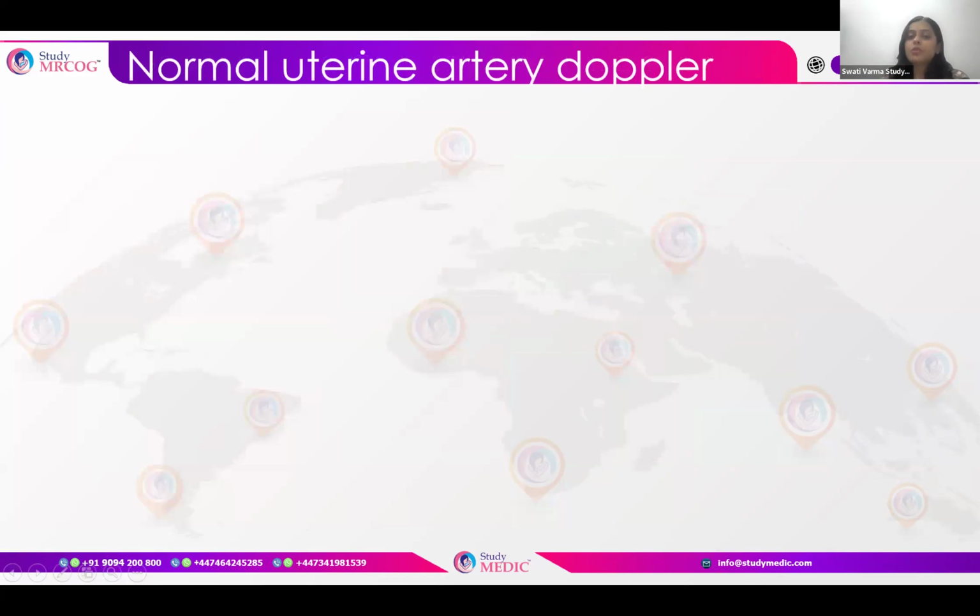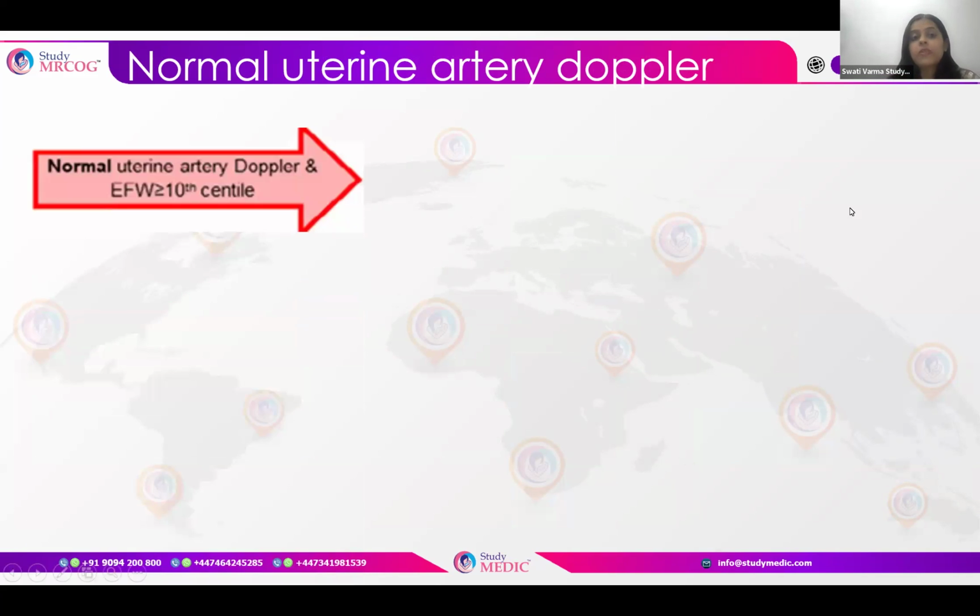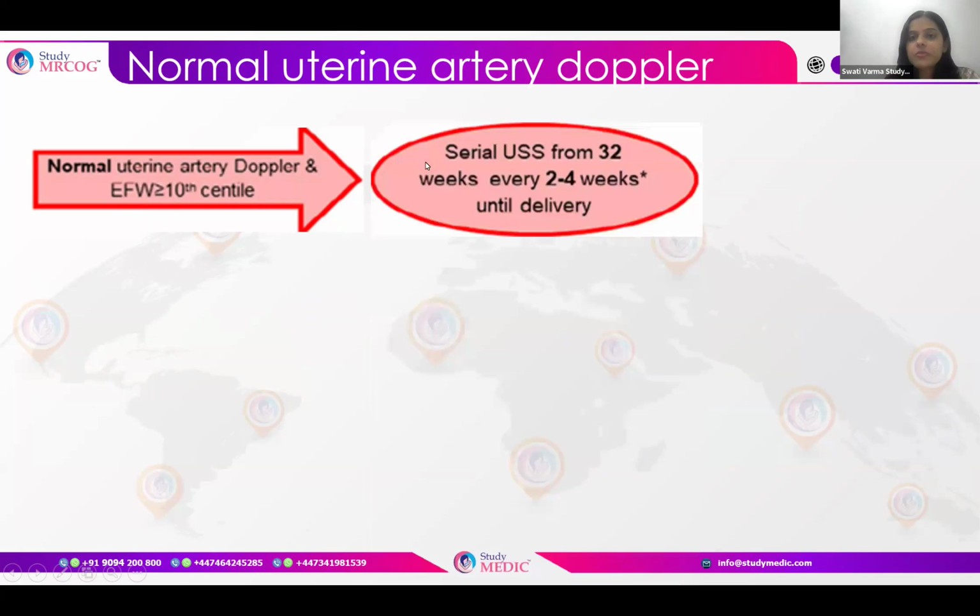Now further, you have to decide on the basis of fetal weight and uterine artery Doppler at the mid-trimester anomaly scan. If both these things are normal, that is normal uterine artery Doppler and fetal weight is good, then you can advise them serial ultrasound scanning from 32 weeks, every 2 to 4 weeks until delivery.